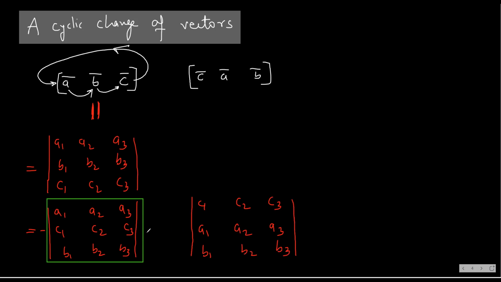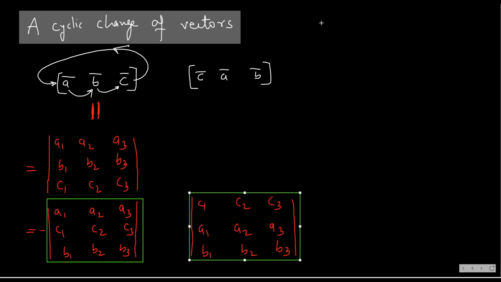I'm talking about the determinant which I enclosed in this box. For that determinant, I interchange R1 with R2. Now, is this determinant equal to this determinant? The answer is no. Why?